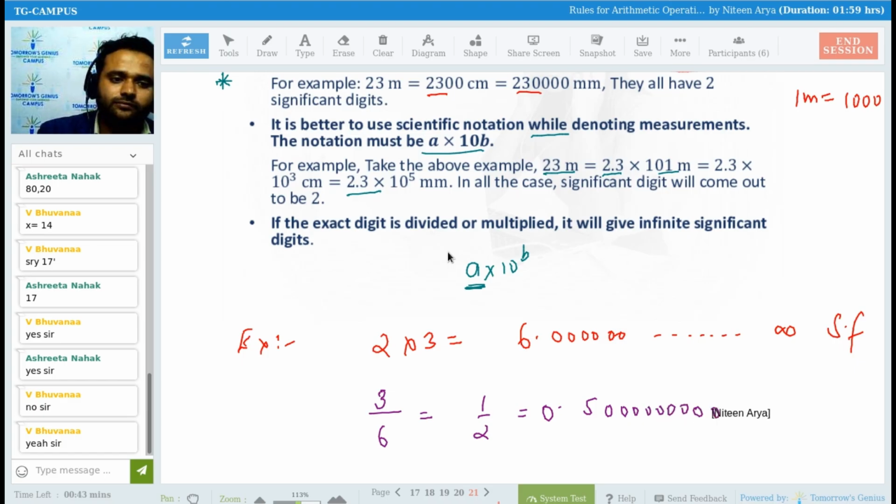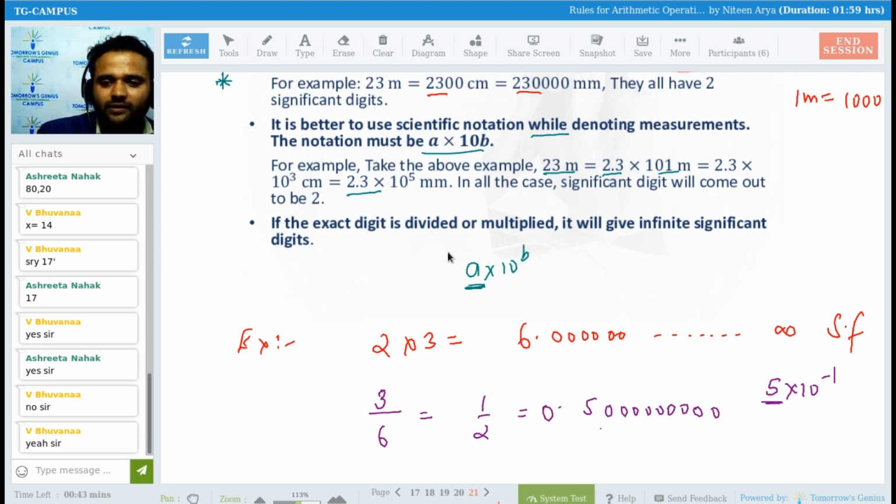We can write it down. Is this clear? So 0.5 is 5 into 10 to the power minus 1. Simple. One significant figure. I can write my 0.5 this way also.